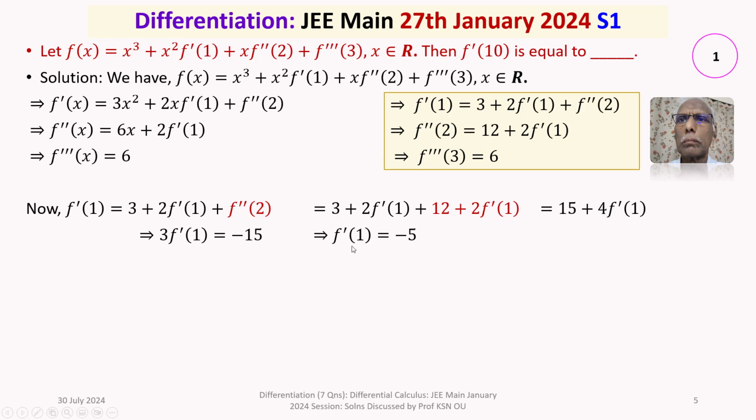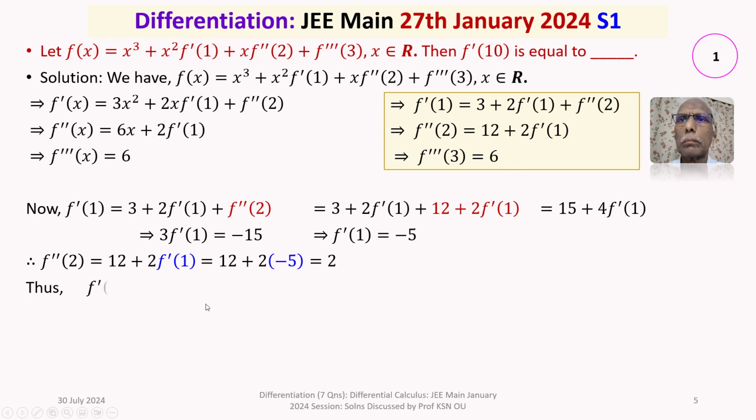Take this value of f prime 1 and get into this equation, f double prime 2. So, therefore, f double prime 2 is equal to 12 plus 2 times f prime 1. And you know f prime 1 value is minus 5. Substitute, simplify. You will get f double prime 2 is 2. Anyway, f triple prime 3 is 6.